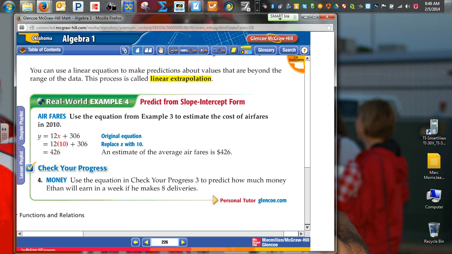Did you grab today's bell ringer? Angela, open your textbook, please. Why is that so difficult? I don't understand why we are not following the instructions.